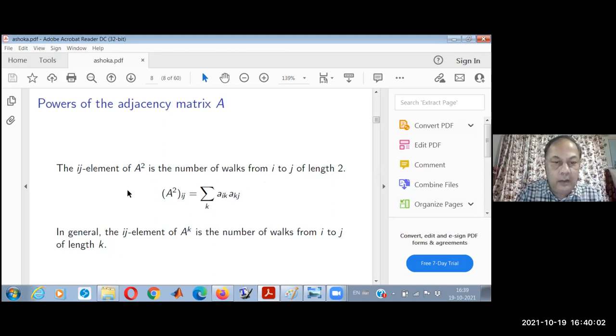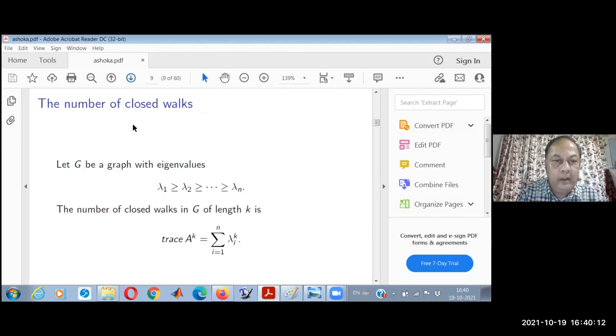So that is one connection with graph theory right in the beginning. And this has a lot of application. This comes up a lot in the spectral graph theory, or rather also algebraic graph theory. And so the number of closed walks is given by the summation i equal to 1 to n, the diagonal element.